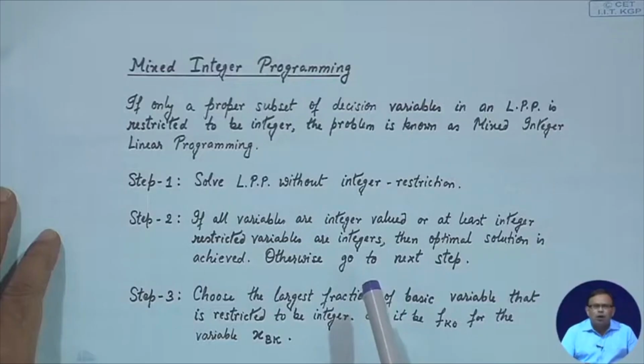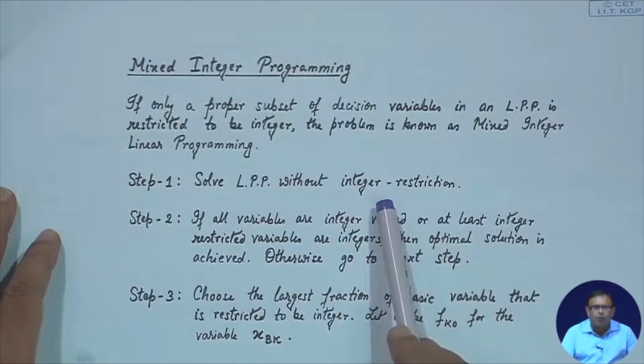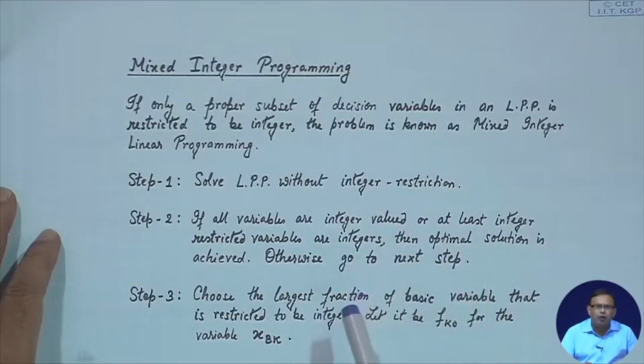We have told that some variables will be integer and some may take real values. If at least the integer restricted variables, that is the variables whose values should be integer, become integer in the optimal solution, then the optimal solution you obtained in step 1 is the optimal solution of the original problem, and you terminate. Otherwise, you have to go to the next step.